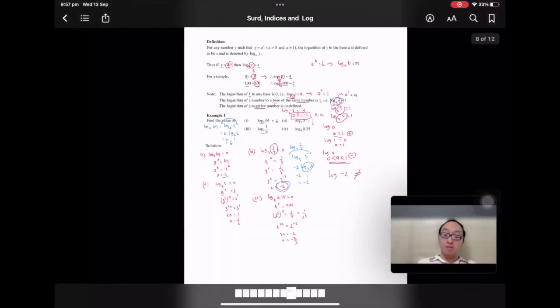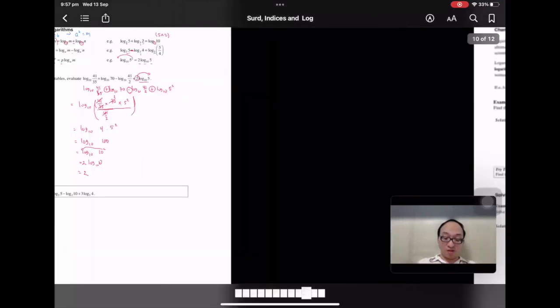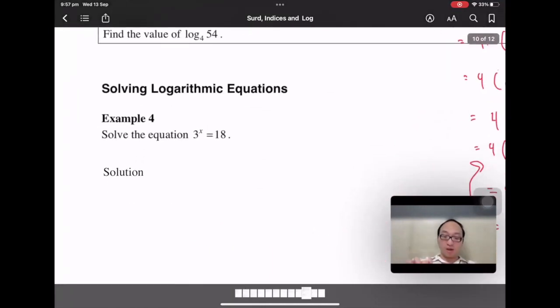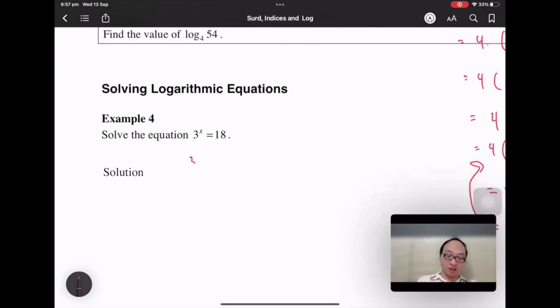But now we have 3 to the power of x equals 18, which we cannot change 18 into the base number 3. So that's why we can use the logarithm here. Using the definition, so this is the base. So log to the base of 3 of 18 equals x.